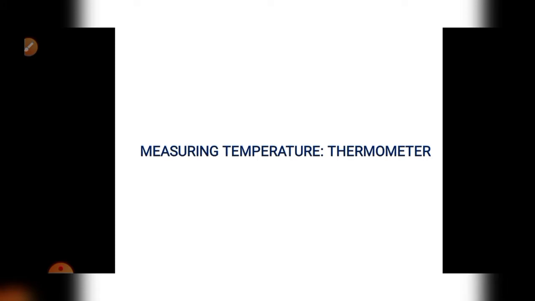Now, we will discuss measuring temperature and thermometers. A thermometer is a device for measuring the temperature of an object. There are two types of thermometers: one is the laboratory thermometer and the other is the clinical thermometer.